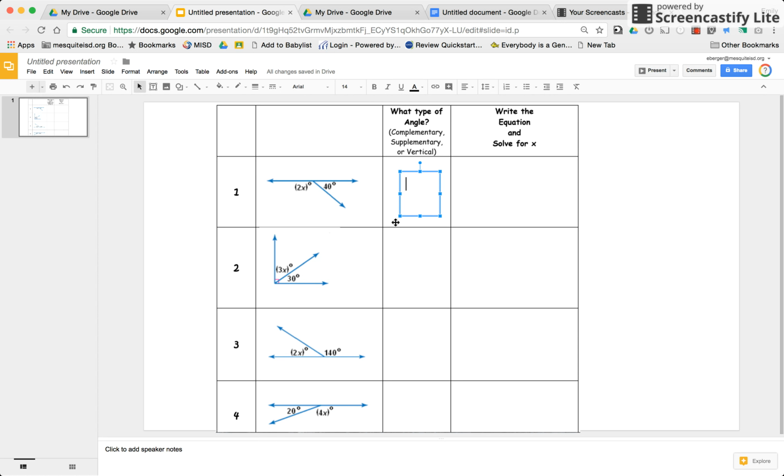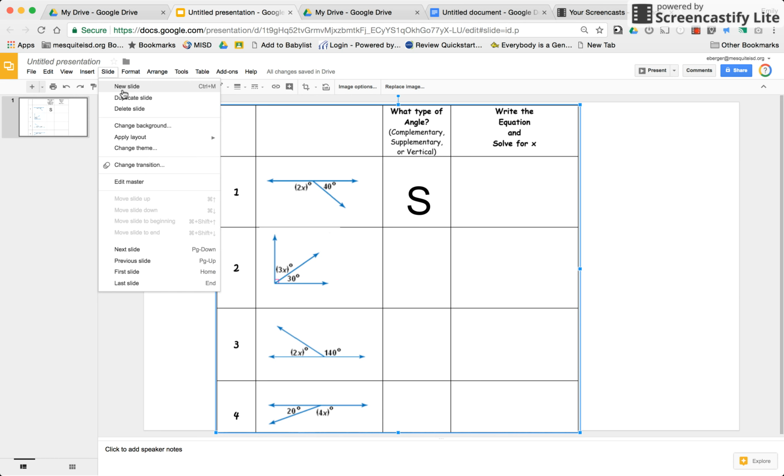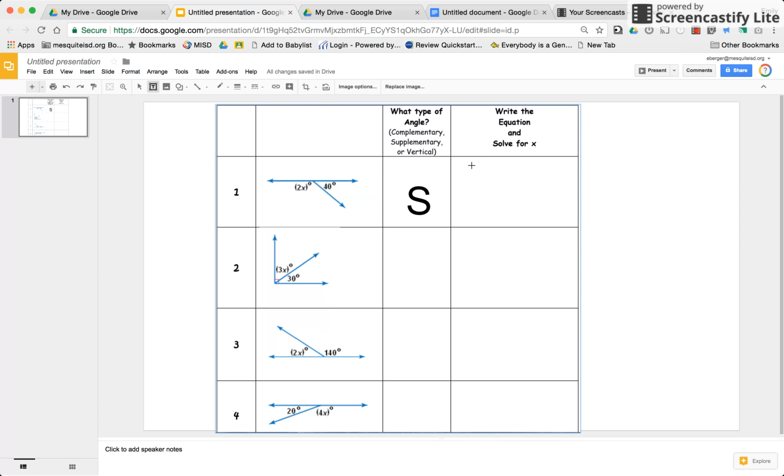In this case, what you're going to do right now on your paper is say, is this complementary or supplementary? I'm going to put a big S, supplementary, because it has that straight line. Whenever I'm solving for the missing angle, the first thing you have to think of is what supplementary means.